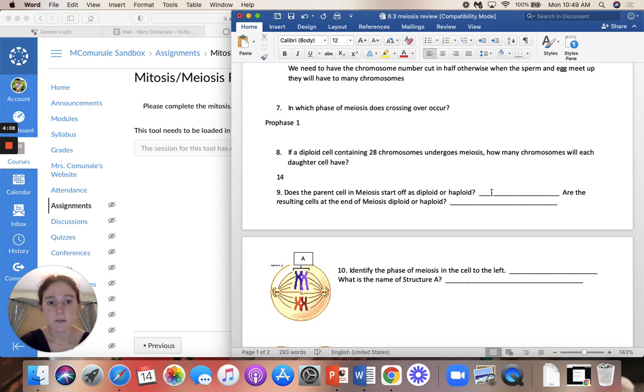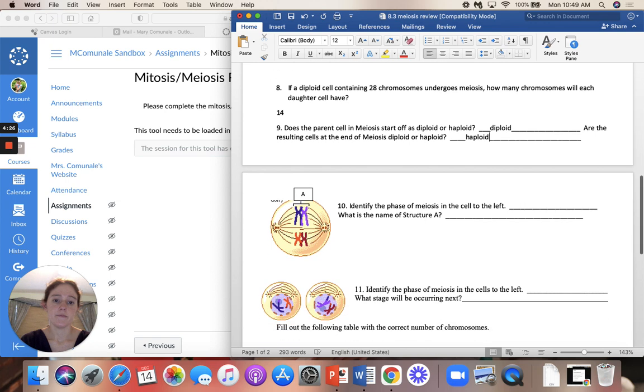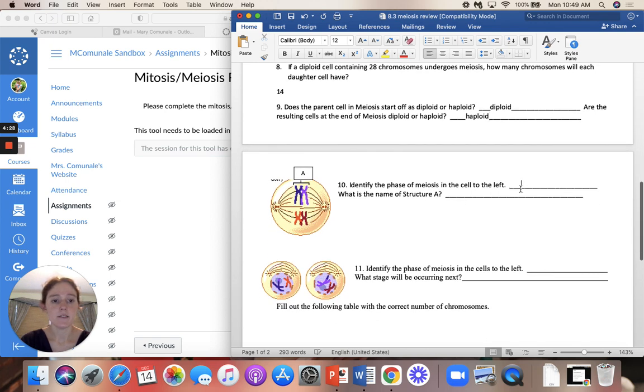Does the parent cell in meiosis start off as diploid or haploid? It starts off as diploid, and the results are haploid. Identify the phase of meiosis in the cell to the left.